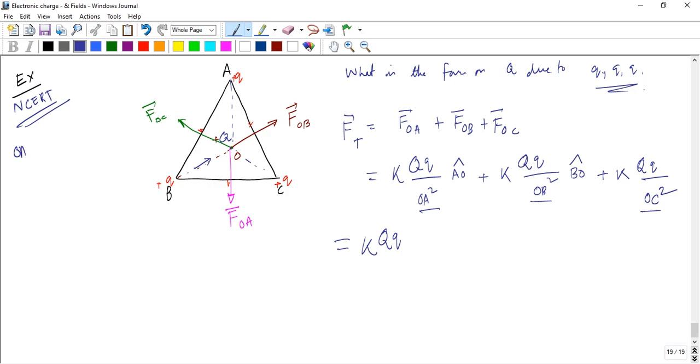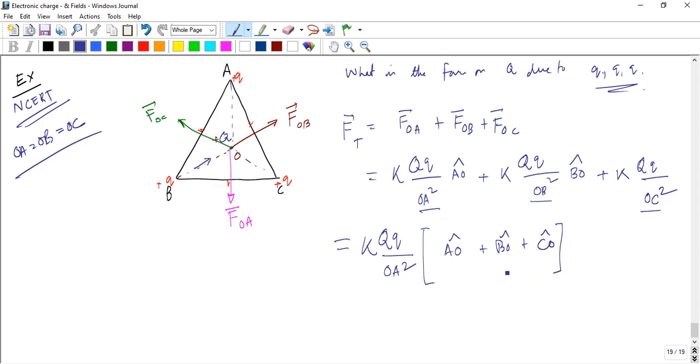So OA square is common. So the total is equal to AO cap plus BO cap plus CO cap.